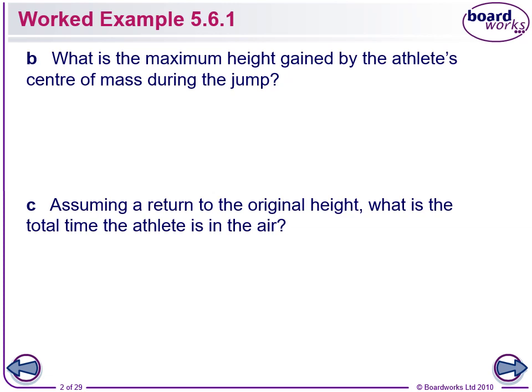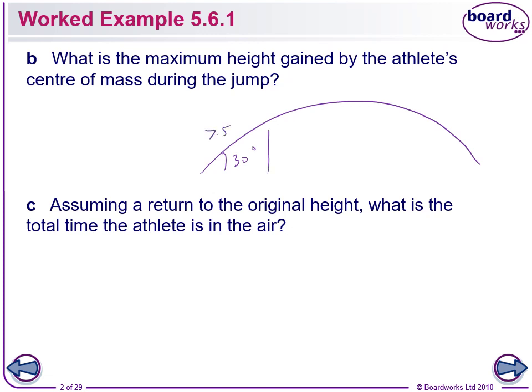What is the maximum height gained by the athlete's centre of mass during the jump? If we're talking about maximum height and we can only work in one dimension at a time, which dimension are we working in? Vertical. Excellent. So let's work in our vertical dimension. There's our 30 degrees, 7.5.